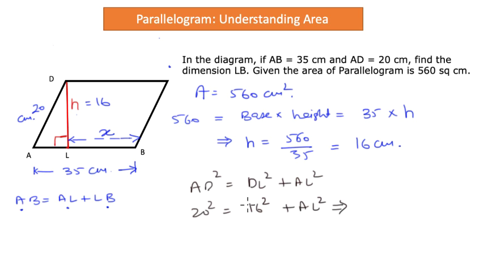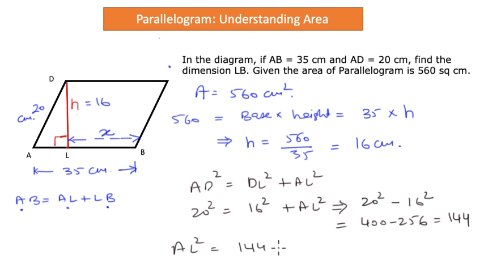So we will substitute all these values. AL square is equal to 20 square minus 16 square, which is 400 minus 256, and that becomes 144. So AL square is equal to 144, meaning AL, if you apply the square root on both sides, becomes 12.